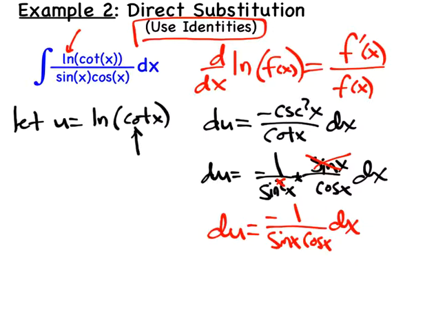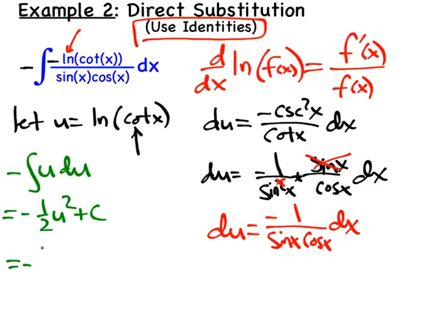The only thing we're missing is a negative, so we would multiply inside and outside by a negative, because a negative times a negative is a positive, and our substitution step will give us negative antiderivative of u du, which gives us negative 1/2 u squared plus c, which is negative 1/2, and our u function was the natural log of cotangent, squared, plus c.